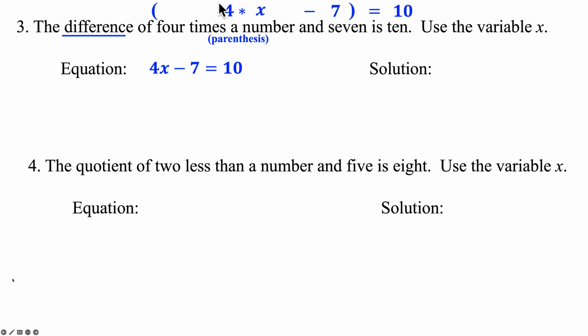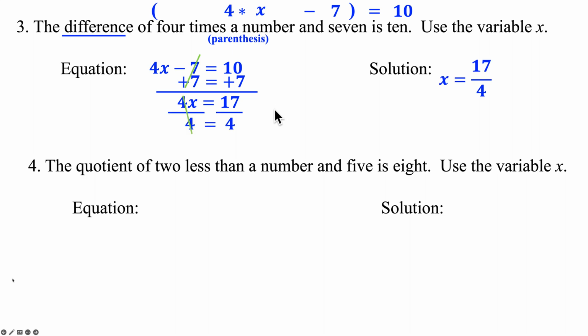Since nothing's being multiplied to the parentheses, we can drop them and just leave it as 4x minus 7 is equal to 10. It's always good practice to put parentheses there because you never know what's going to happen in front of them or after them. Add over the 7 to get 17, divide by 4 to get 17 fourths.